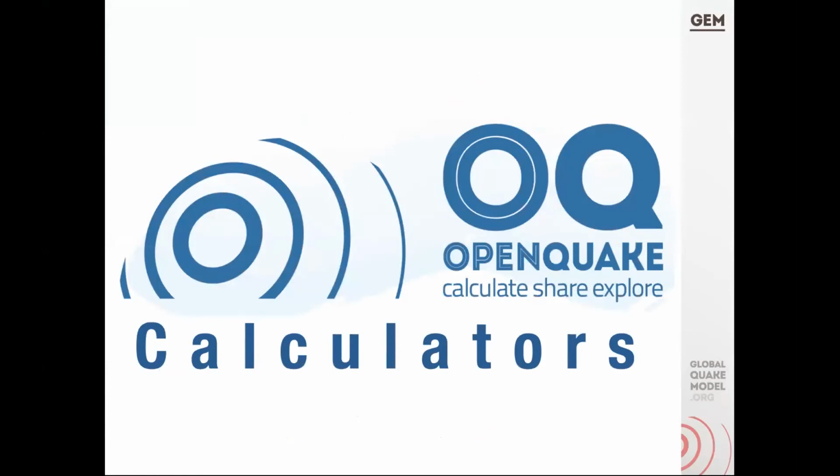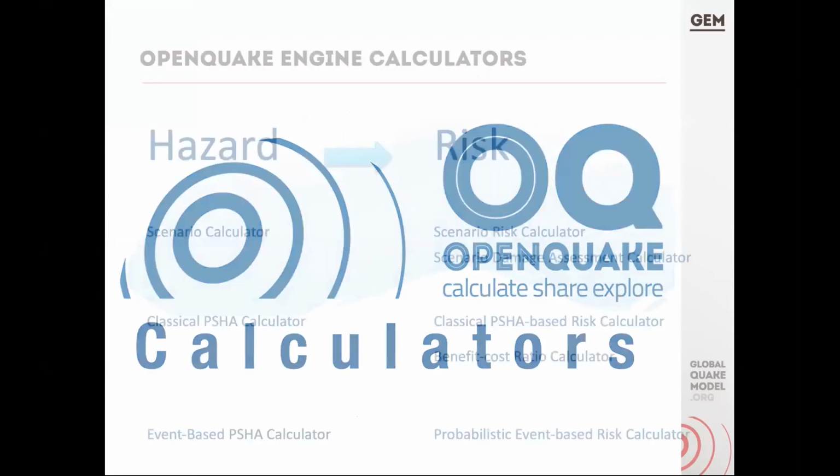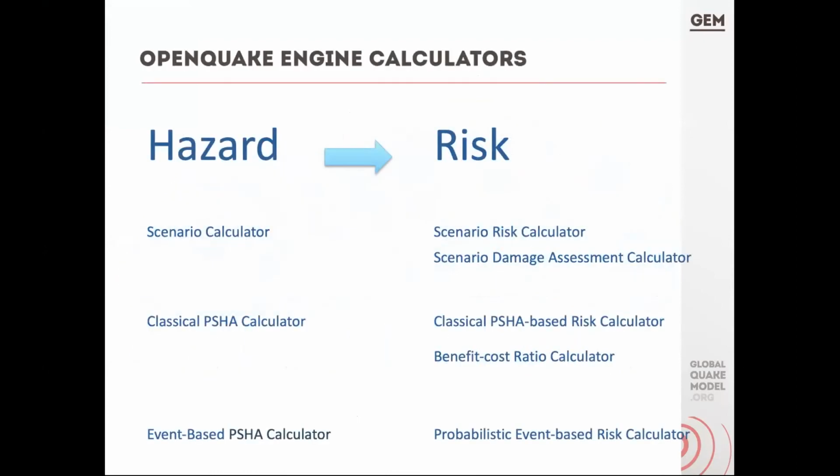So the first question is, which calculators do we have? OpenQuake, we know, is software for hazard and for risk. But then we would like to know what type of outputs I can get. So here is a summary. For hazard, if I'm interested to assess hazard, I can do scenario calculations, which means estimation of ground motion fields.